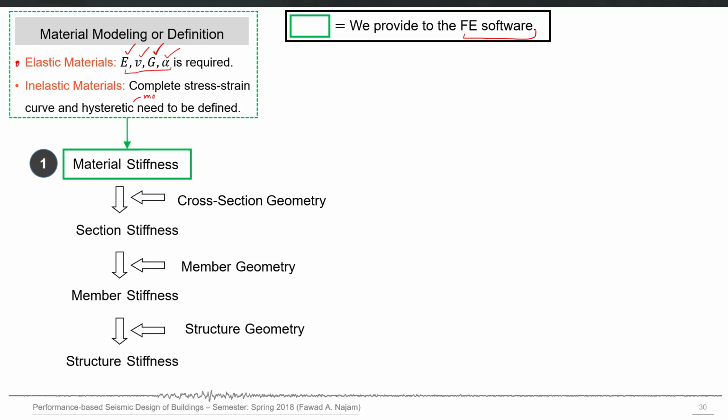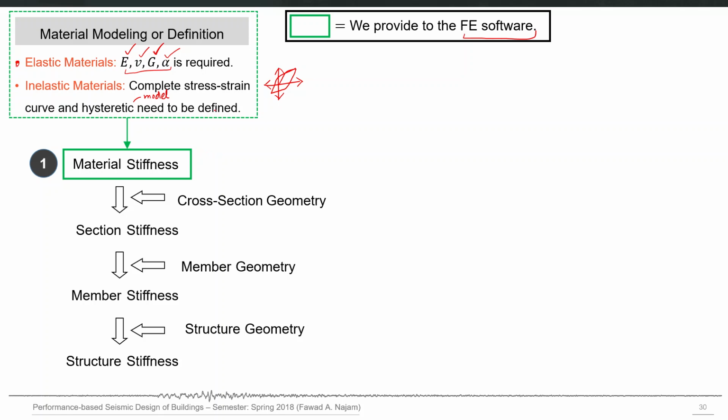Hysteretic model is a rule which tells the software that how the material should unload, what stiffness it should have while unloading and what stiffness it should have while again reloading. So it's a rule to define the unloading and reloading path of the stress strain curve.